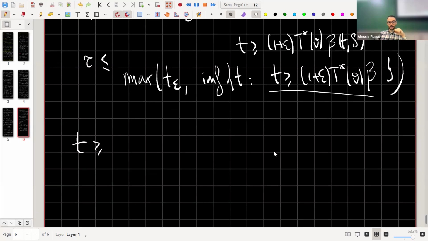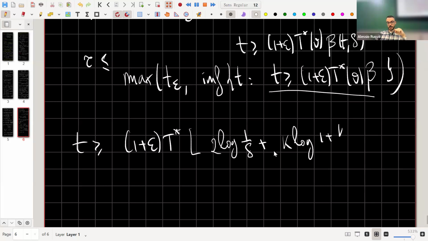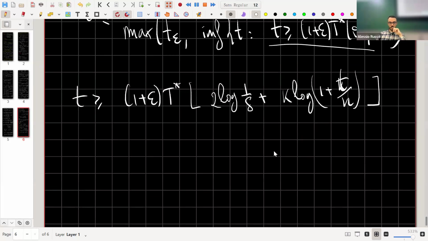We need to find the solution to this problem. And here we have 2 log(1/delta) plus k log(1 + t/k). The problem here is that t appears here, but it's also inside the logarithm.